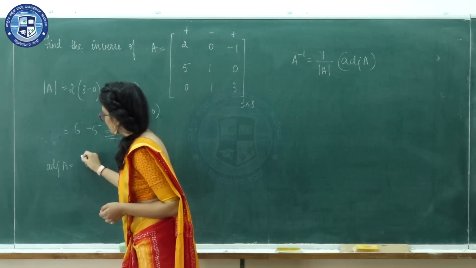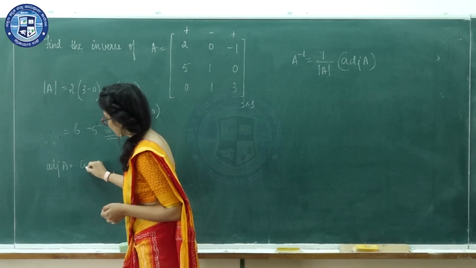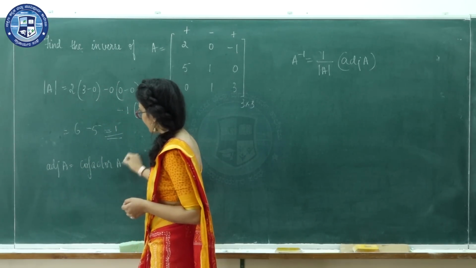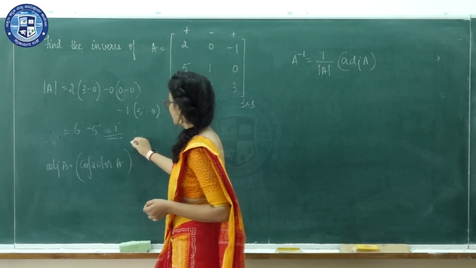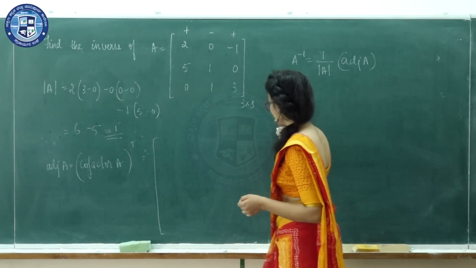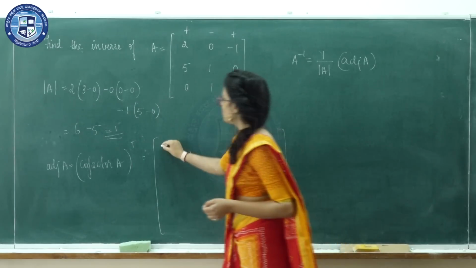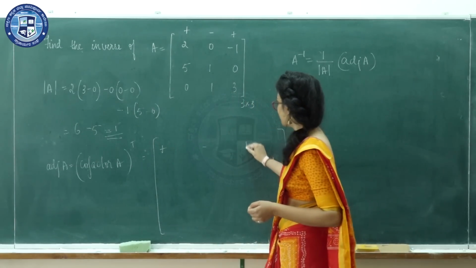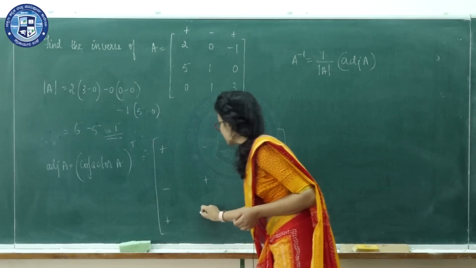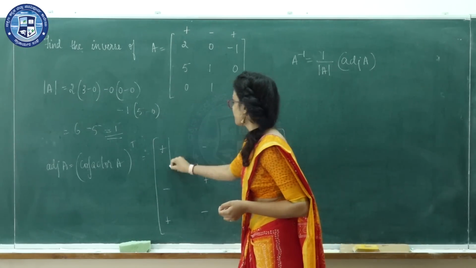Now, we know adjoint of A is the cofactor matrix transpose. So, cofactor of A transpose. Let us find the cofactor matrix. Plus, minus, plus, minus, plus, minus, plus, minus, plus.